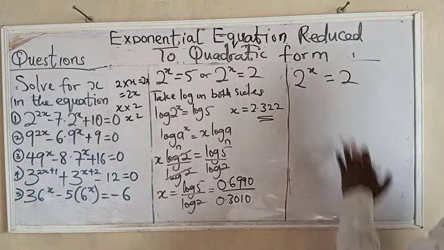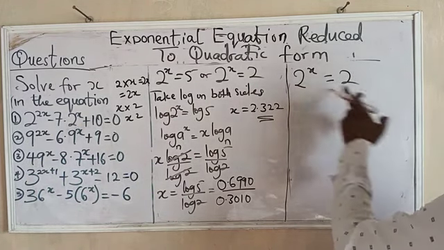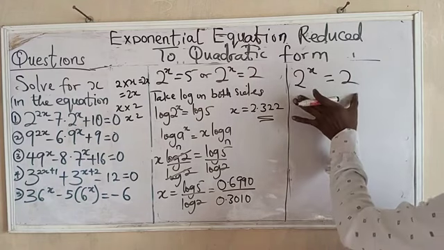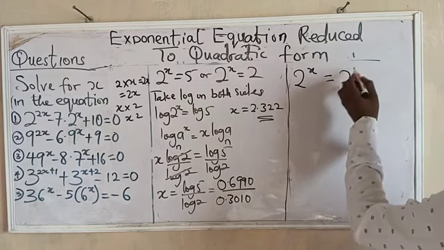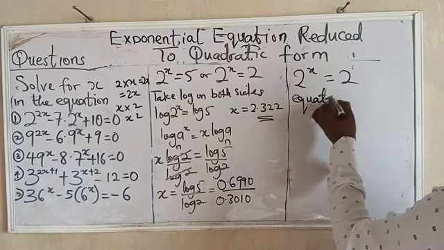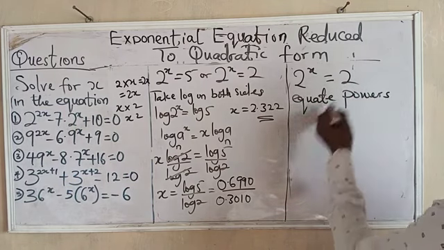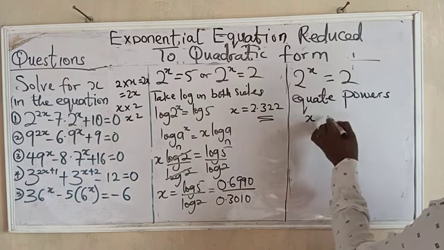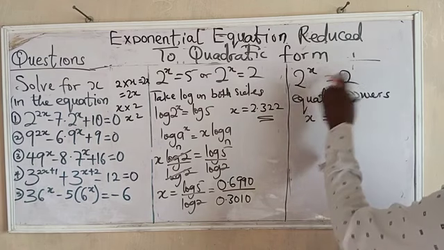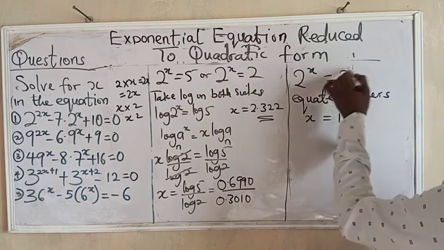But in this case, there is no need for us to take log on both sides. Why? Because we can see that the bases here are the same. So I'll just say equate powers since the bases are the same. So if I equate powers, automatically my x equals 1.